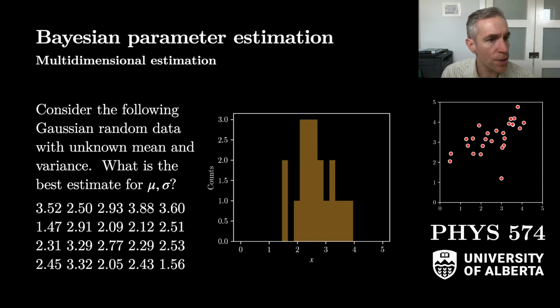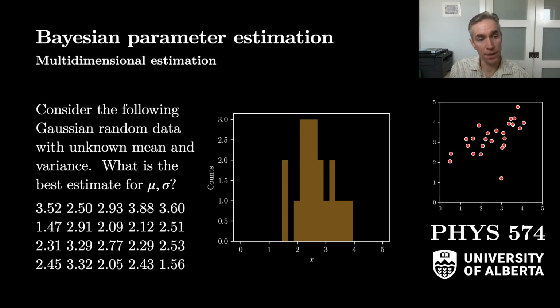The next thing that we should talk about is the idea of multidimensional parameter estimation. So let's return to our estimates of a Gaussian data set. But let's assume that we have a data set where we don't know either the mean or the sigma parameter for the Gaussian. We give you 20 data that are shown here and you are trying to come up with the best estimate of what mu and sigma are.